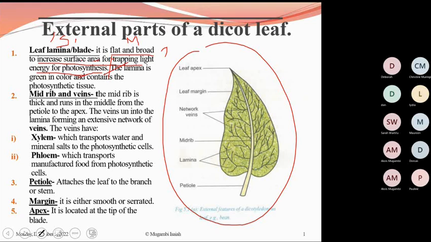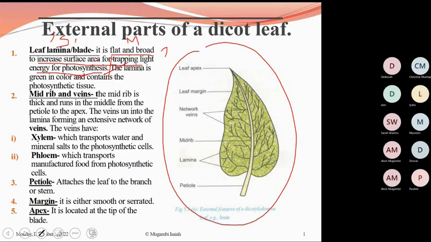Number two, we have the midrib and the veins. Yeah, so it's usually thick and runs in the midrib from the petiole to the apex. And this is where the veins that run into the lamina form an extensive network of veins. And this is what we will see later in transport in plants and animals, about the veins, where they have the xylem and the phloem.